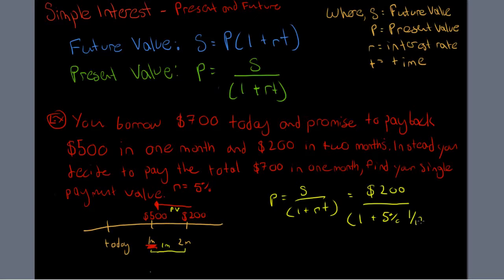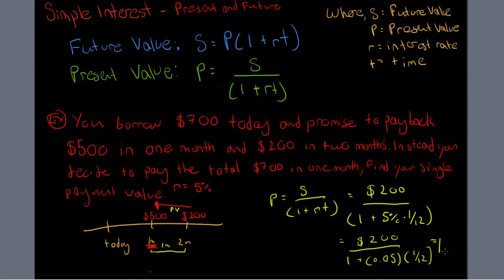So we have 1 month divided by 12 because we need time in years. Simplifying this further, we can do 200 divided by 1 plus 0.05 times 1 divided by 12. And if you put this into a calculator, it will give you the answer.